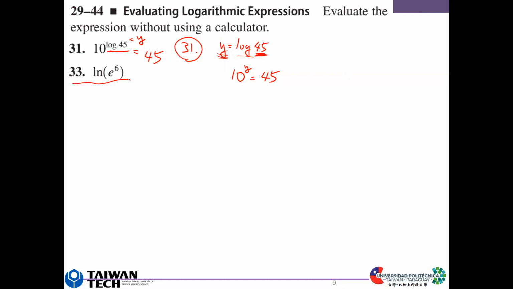What is inside the natural log is e to the power of 6. So you could put the 6 in front of the natural log, and this is 6 times natural log e, and ln e is 1. So it's equivalent to 6 times 1 equals 6. Okay, any problems? This is problem 33.